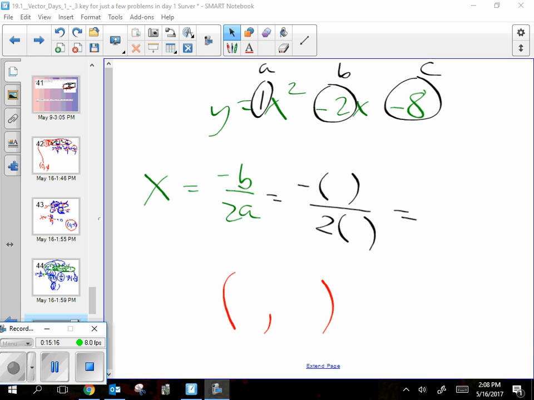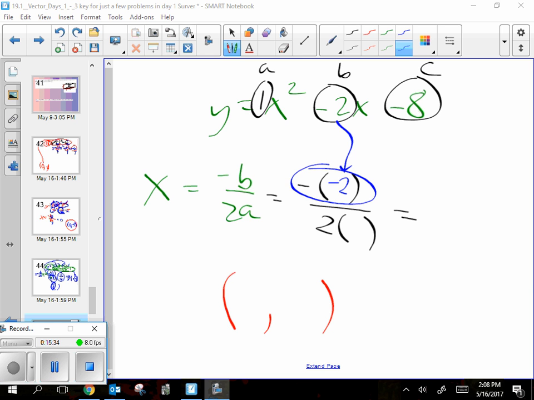All right, so here we go. Did you say negative of -2? See how b is -2? That negative is going to get a lot of you because you won't notice that there were actually two negatives. That's a positive 2 then. Positive 2 over 2a. A is 1.